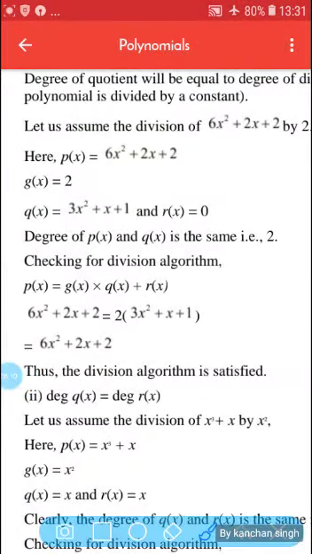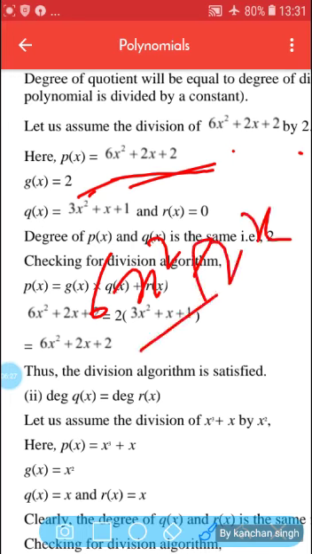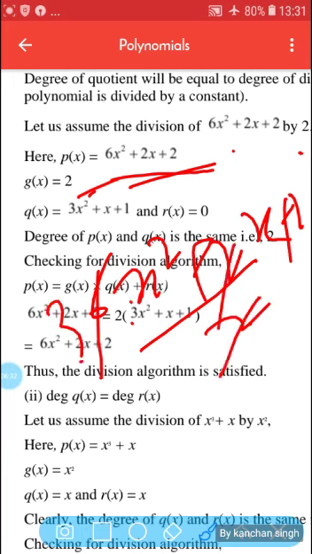Here we have chosen 6x square plus 2x plus 2 divided by 2. So our p(x) is this one, g(x) is this one. If we divide 6x square plus 2x plus 2 by 2, 2 threes are 6, 3x square plus x plus 1.